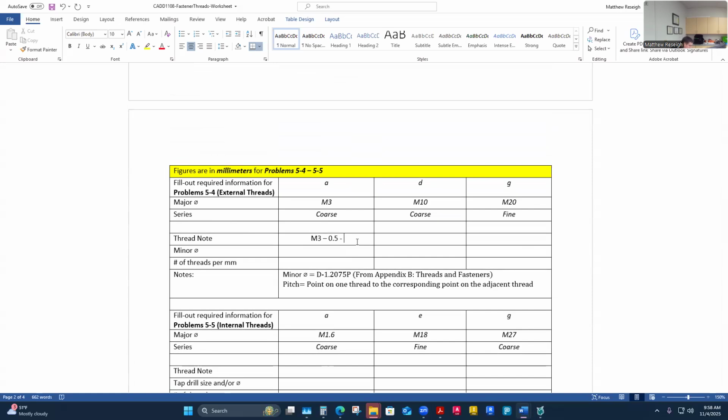And I'll just read it again, because we talked about it maybe before I stopped my video. Step D in your book says the number can be a 3, 4, 5, 6, 7, 8, or 9, which just means that in the Unified National Coarse system, I have a 1 through 3 fit relationship.